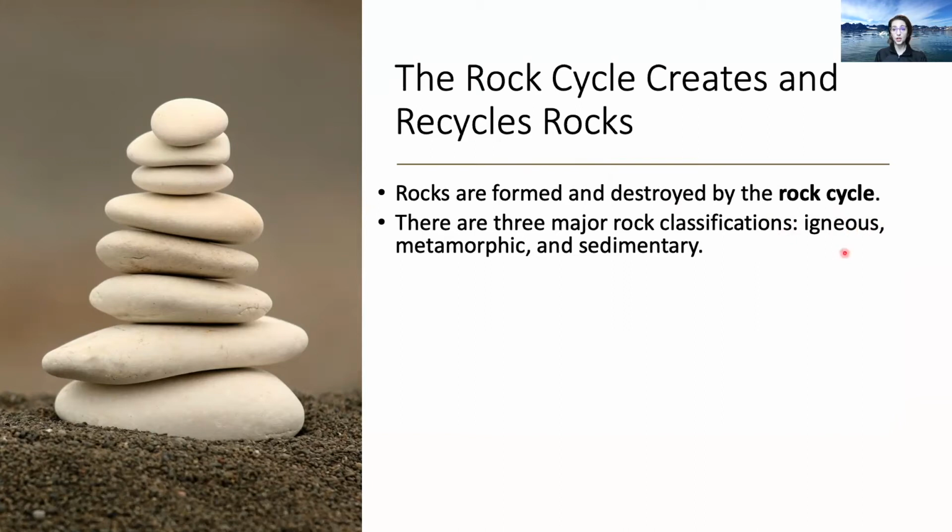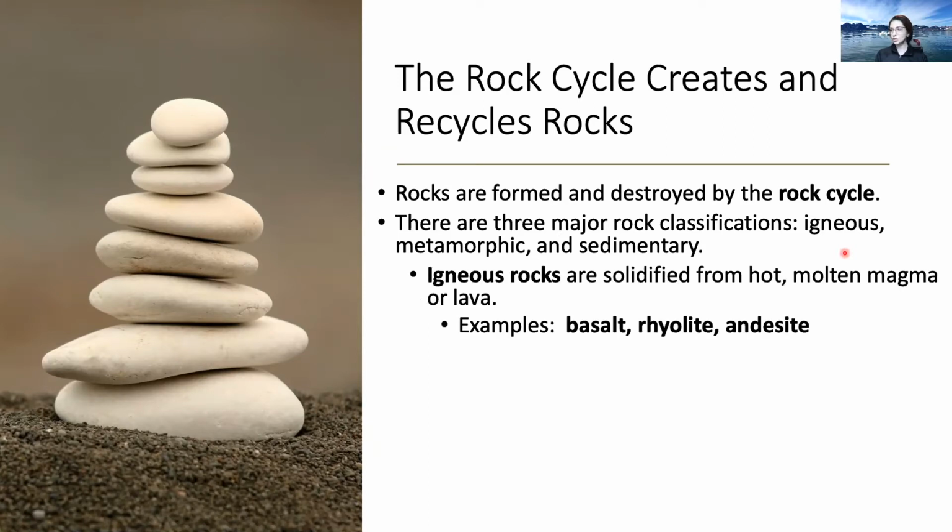Most of the rocks on our surface are igneous rocks. And that's because magma extruded to the surface from volcanic vents cools really quickly, making those finely crystalline rocks like basalt or andesite or granite that we use on our countertops. So those are the igneous rocks.